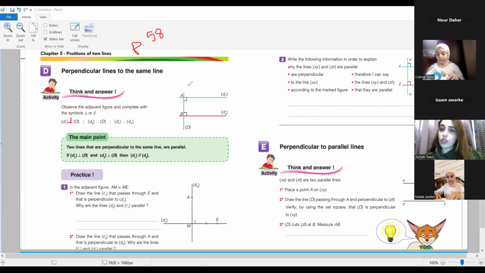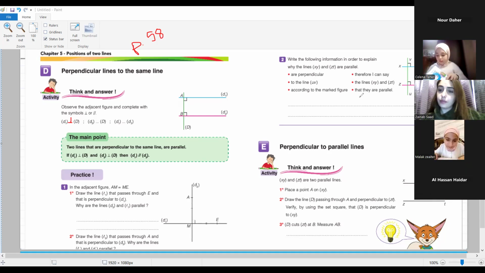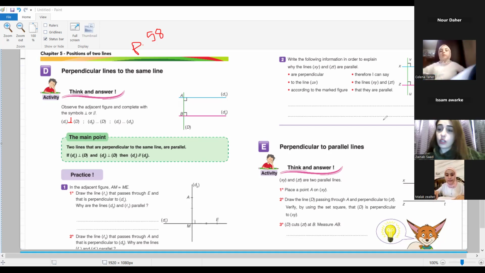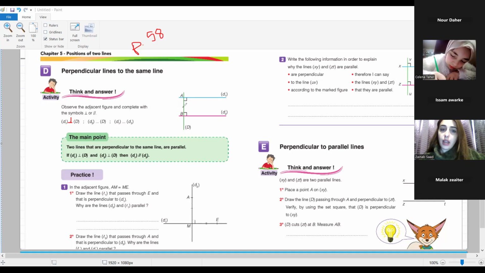Do they intersect the perpendicular line? No. You told me that they are perpendicular, meaning they meet? Did they meet? D1 and D. Do they meet? Yes, they met.